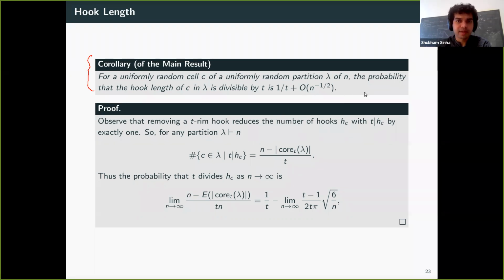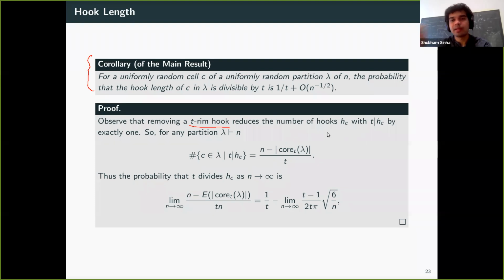Why this follows is that for a partition in general, removing a T rim hook results in decreasing the number of cells with hook length divisible by T by exactly 1.